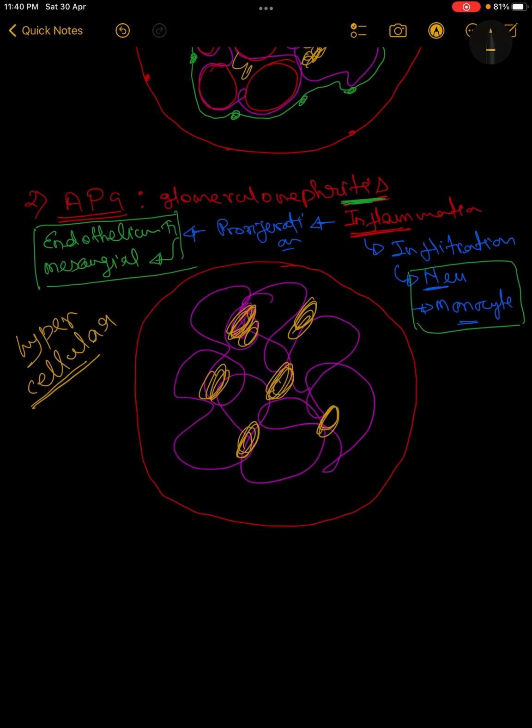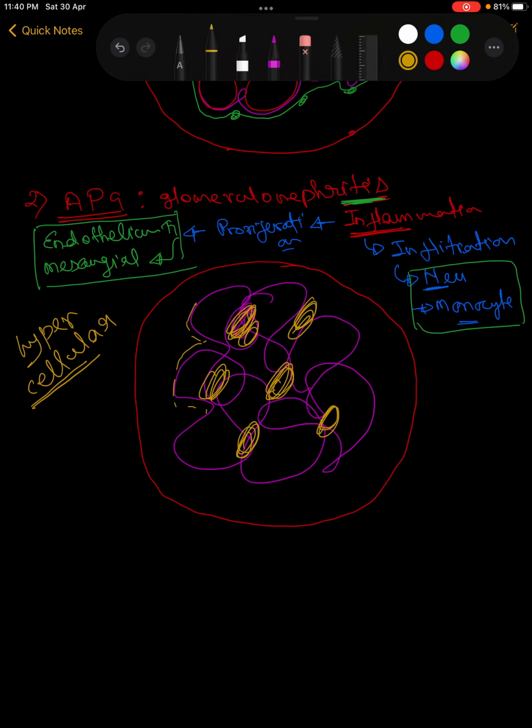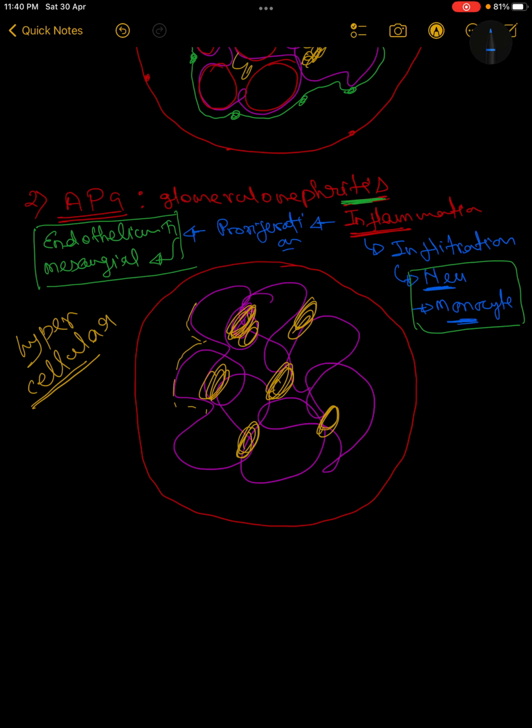Now I will not represent the podocyte, just think that it is present there. Now we have two things. One, neutrophils and monocytes will infiltrate.